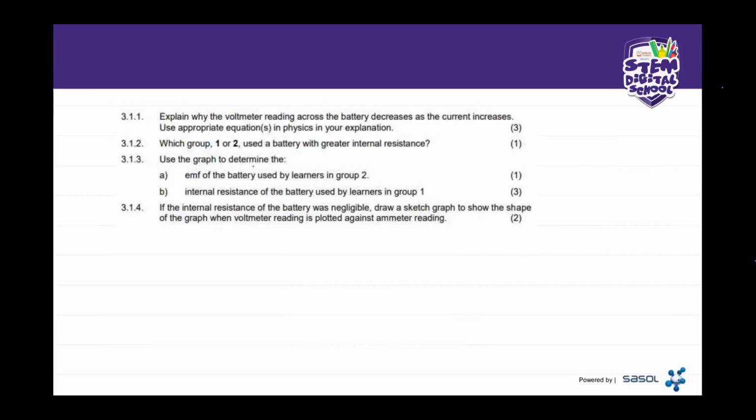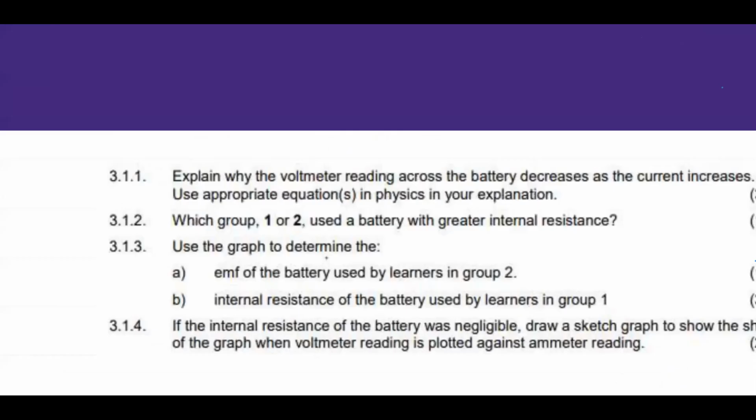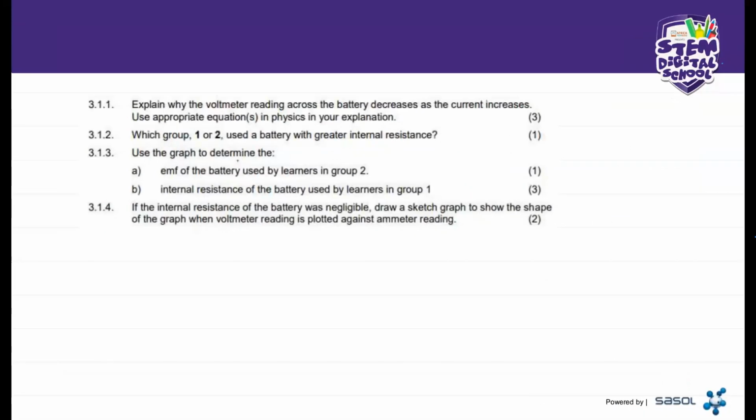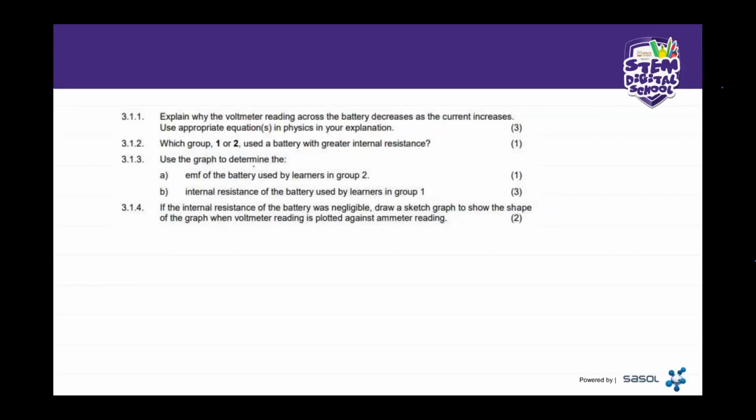So number one, explain why the voltmeter reading across the battery decreases as the current increases, okay? Use appropriate equation in physics in your explanation, okay?